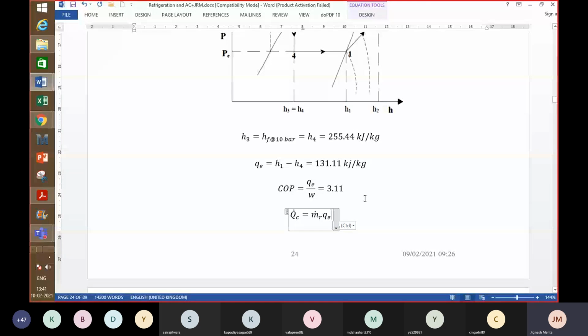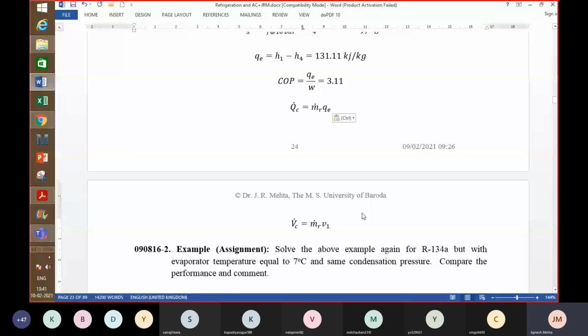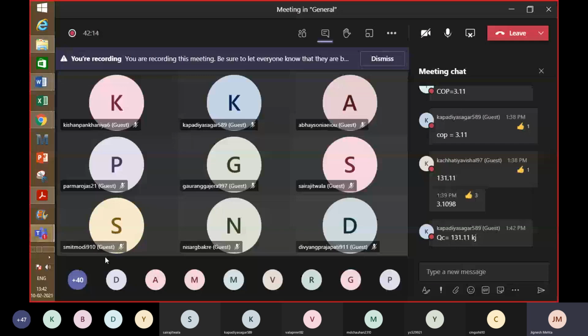So you can multiply this QE with 0.01. So it will be equal to, here J should be capital, right? So it's 1.311 kilowatt. Okay, that's the capacity of the system, right?